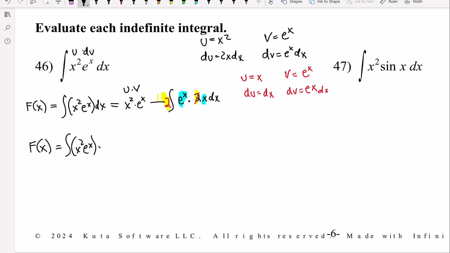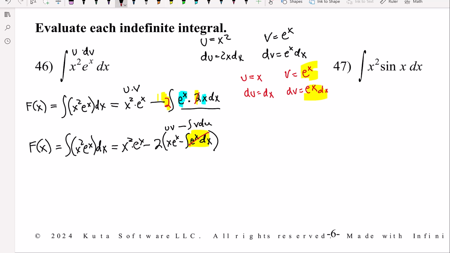You're all going to get sick of writing so much. Now it's 2 times the integral of all of that. The integral of all of that is this stuff again. So it's uv subtract the integral of v du. So it's x e to the x subtract the integral of e to the x dx. Well, this is pretty easy. The integral of e to the x dx is e to the x.